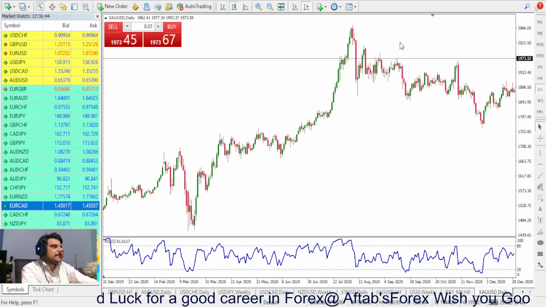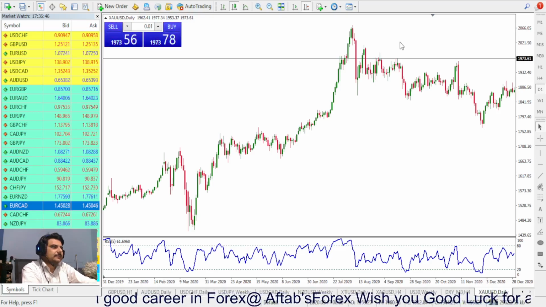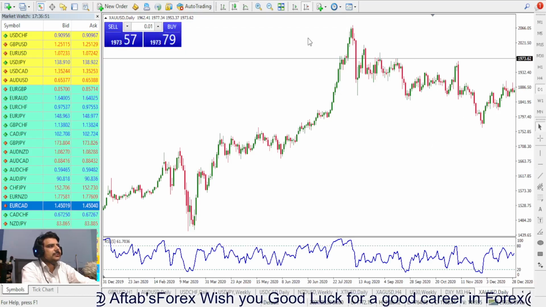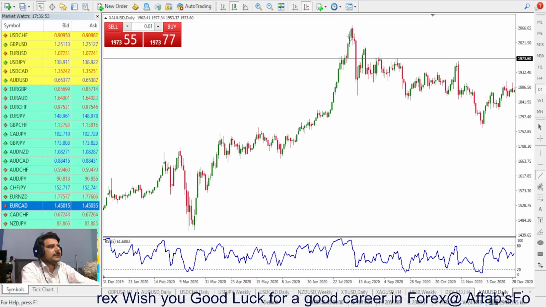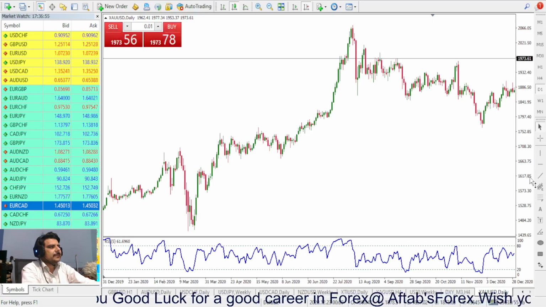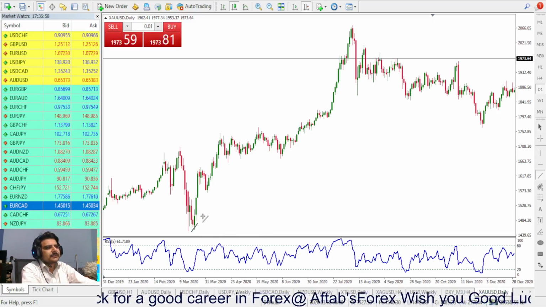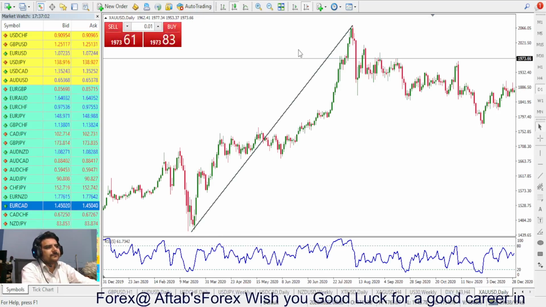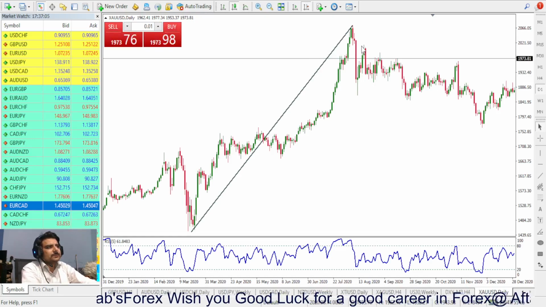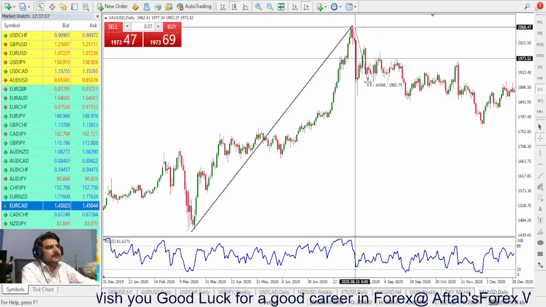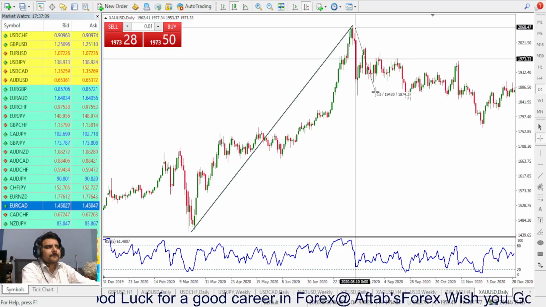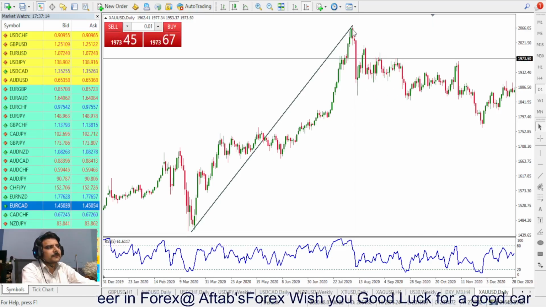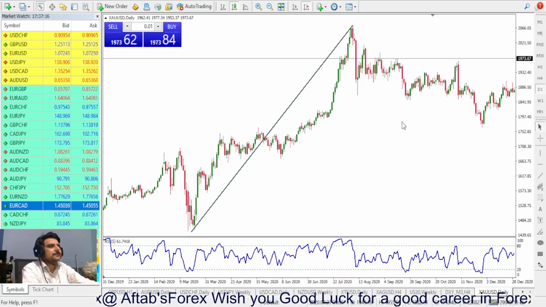So, friends and traders, first of all, the market took a reversal on this specific chart. Let's have a look at this. In a complete bullish wave, what prices did on this chart is they started to fall down from there till here.